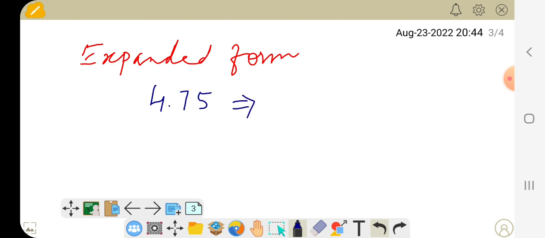Clear? 4 is the whole, so 4 plus 7 by 10 plus 5 by 100. Okay, this is the expanded form.